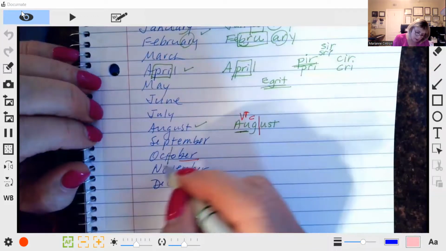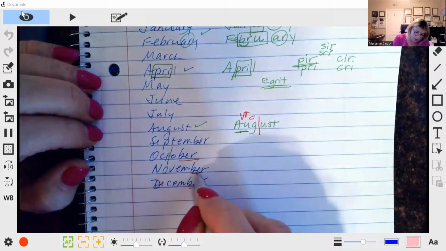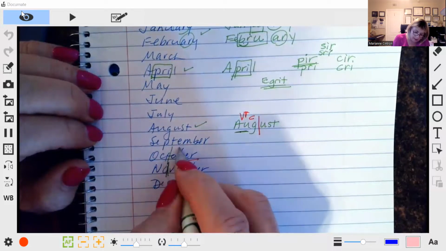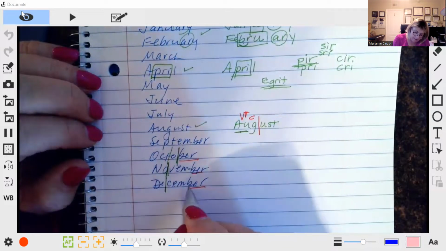Oct. Well, let me see something. November. So when it's a long vowel, the VEM goes there. OCT, OB, that'll be by itself. DE, D, SEM.